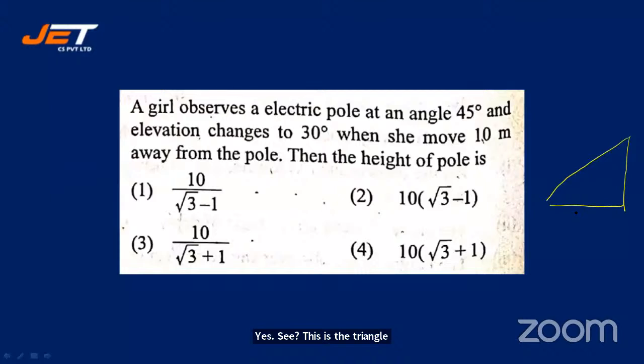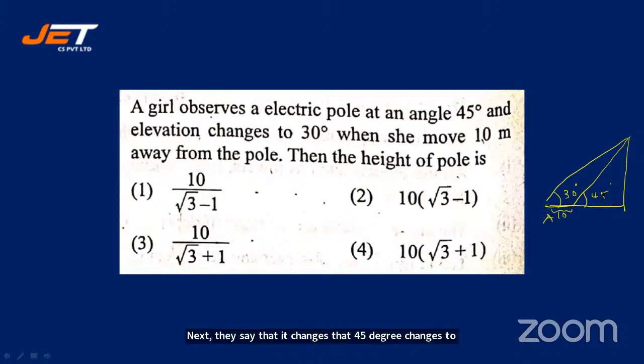So this is A. The electric pole is at an angle of 45 degrees, so let's draw a line here because 45 comes here. She moves 10 meters away, so 10 is here, between this and this. When she moves this side, the 45 degrees changes to 30 degrees.